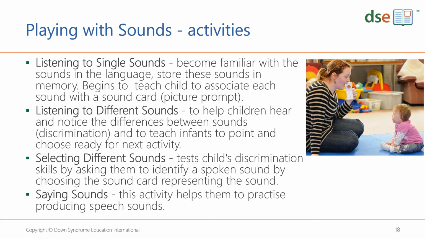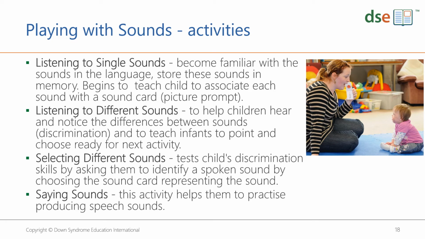We're also beginning to teach them to link the sound to a picture card. This is paired associate learning. We have a picture representation for each sound. The reason for teaching them to link them to a picture card is it enables us to test their discrimination. So when you get to the third activity, selecting different sounds, we're going to show the child 2 cards and say, can you show me t?